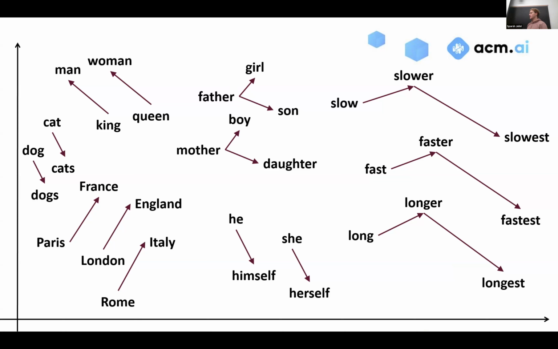And then you could say the male parent is the father, and that kind of information is what embeddings hope to capture. Other examples here: Paris is the capital of France, Tokyo is the capital of Japan, and so on and so forth.